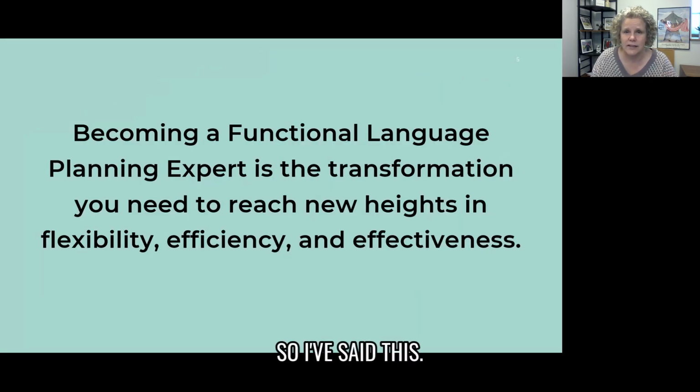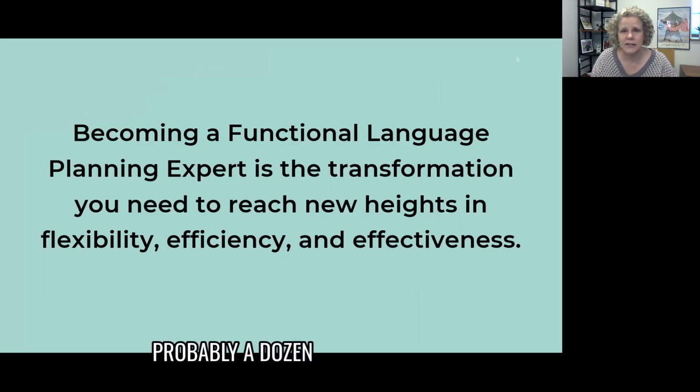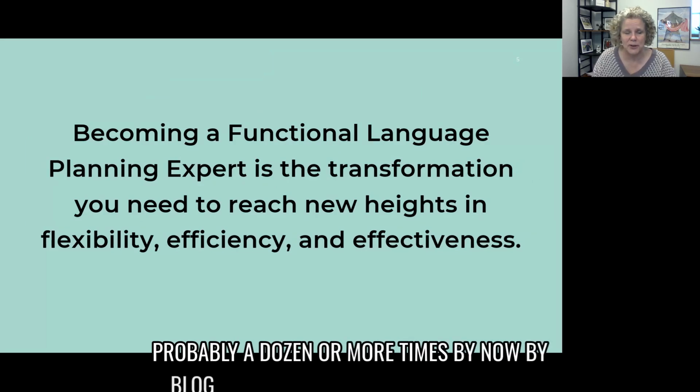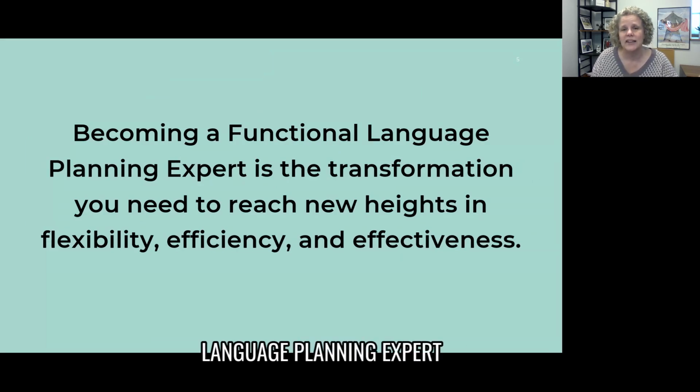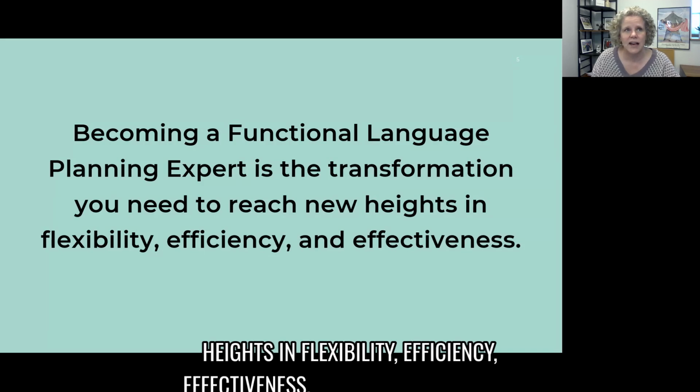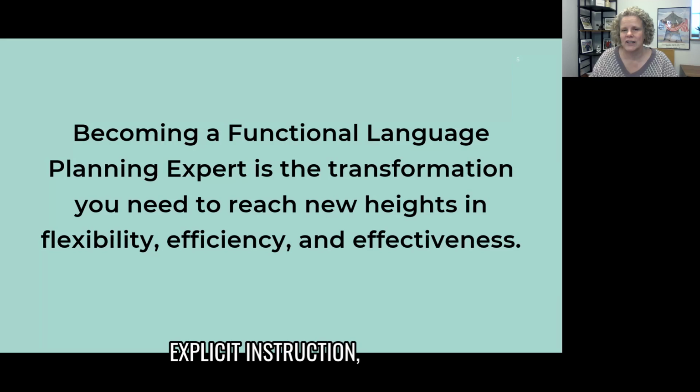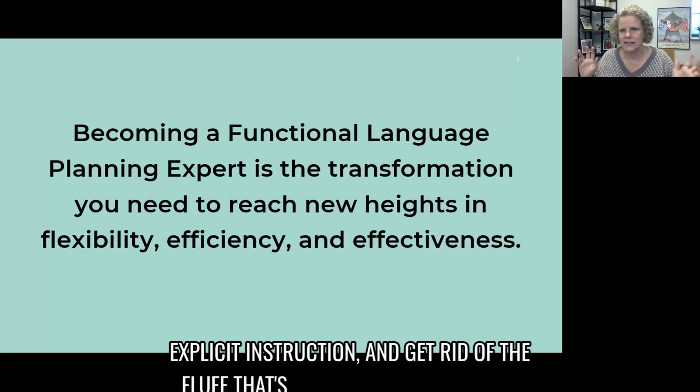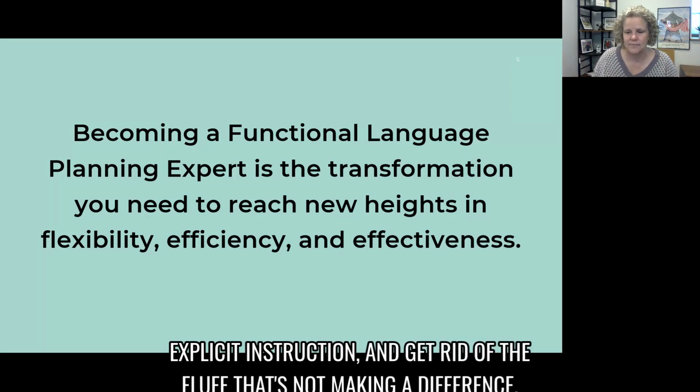I've said this probably a dozen or more times by now by blog 3, but becoming a functional language planning expert is the transformation you need to reach new heights in flexibility, efficiency, effectiveness, targeted instruction, explicit instruction, and get rid of the fluff that's not making a difference.